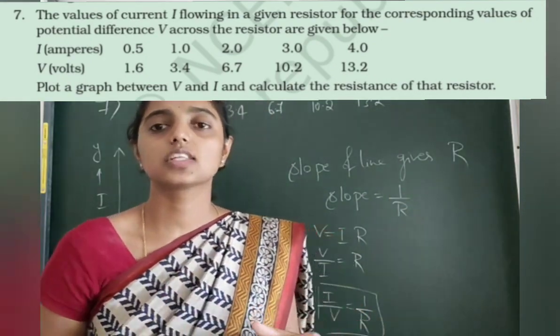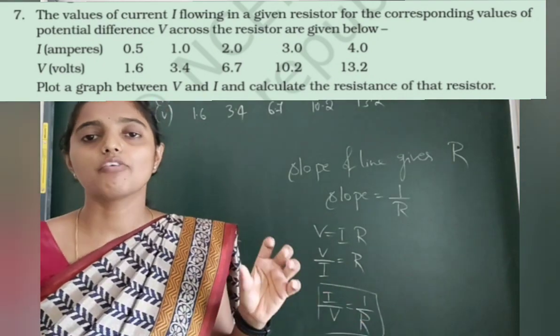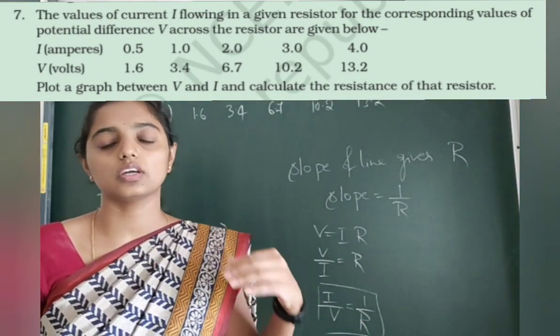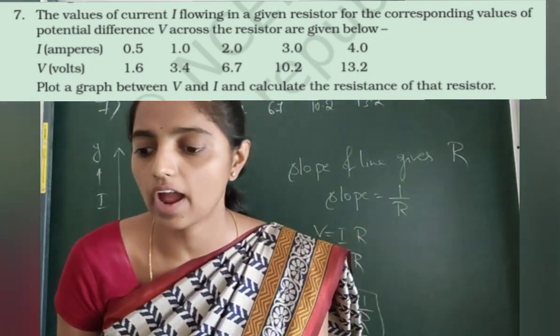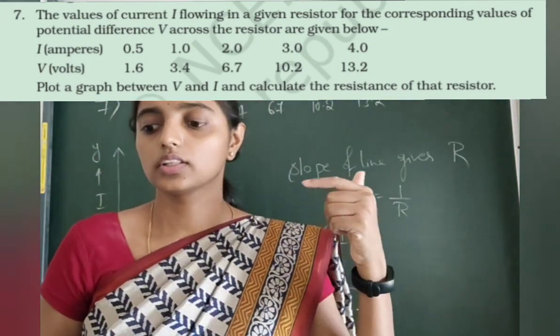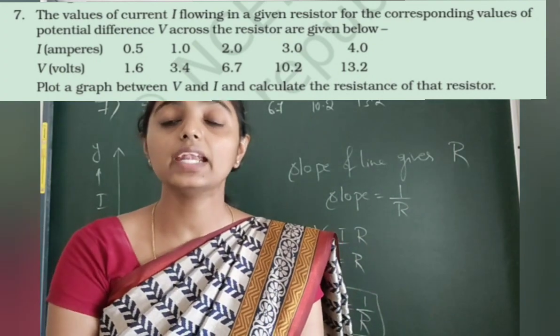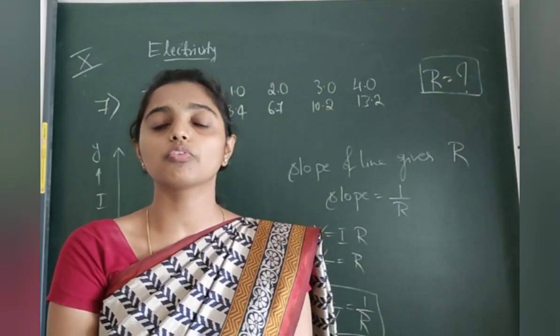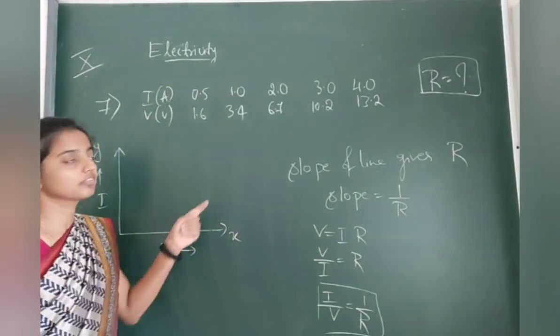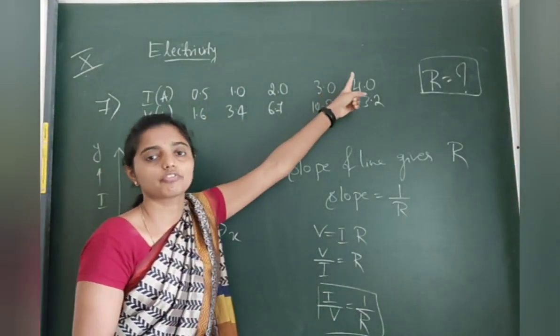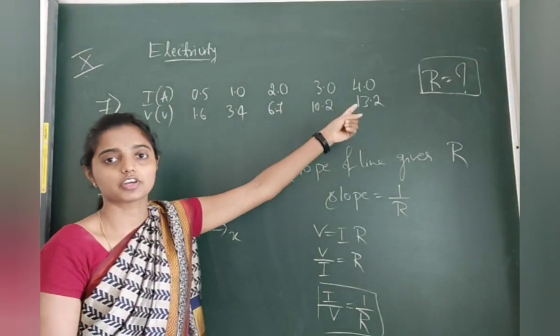Clear? In the seventh question, they are given values of current versus potential difference, and they are asking you to plot the graph between potential difference and I, and they are asking us to find the resistance of a resistor. Clear? So I just wrote here what they are given. They are given a bunch of values of current with respect to potential difference values.